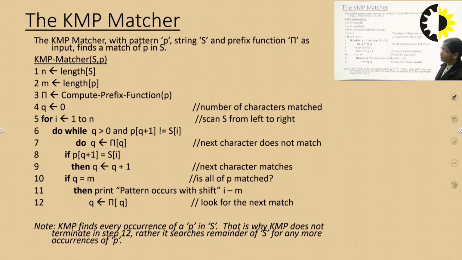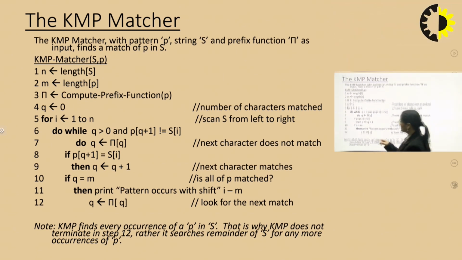Then the next algorithm is KMP matcher. In this case we have already discussed that we need 3 inputs. First is our pattern, second is our string, and third is the prefix function pi as input, and find a match of P in S. So this is the algorithm for KMP matcher.